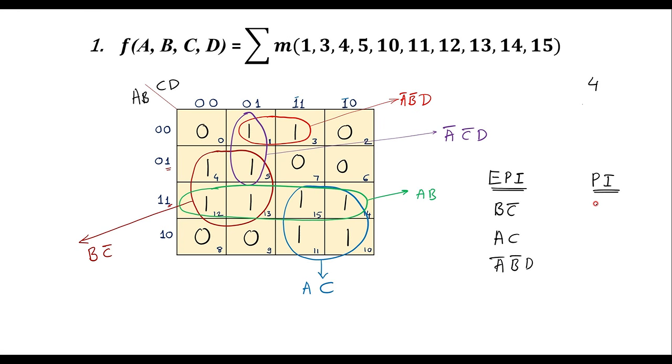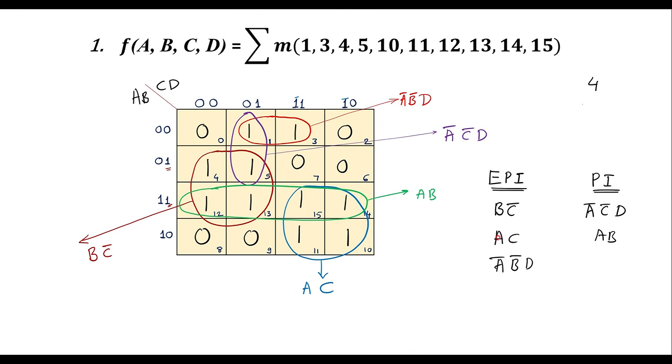And prime implicant is the one which can be formed by grouping any number of pairs or quads. So here we can observe that this one and this one are already covered, but still we can make these two ones as a pair. So it will become a prime implicant. That is A bar, C bar, D is a prime implicant. Similarly, AB: these four ones are already covered in BC bar and AC, but still we can make one more quad here that will become prime implicant AB.